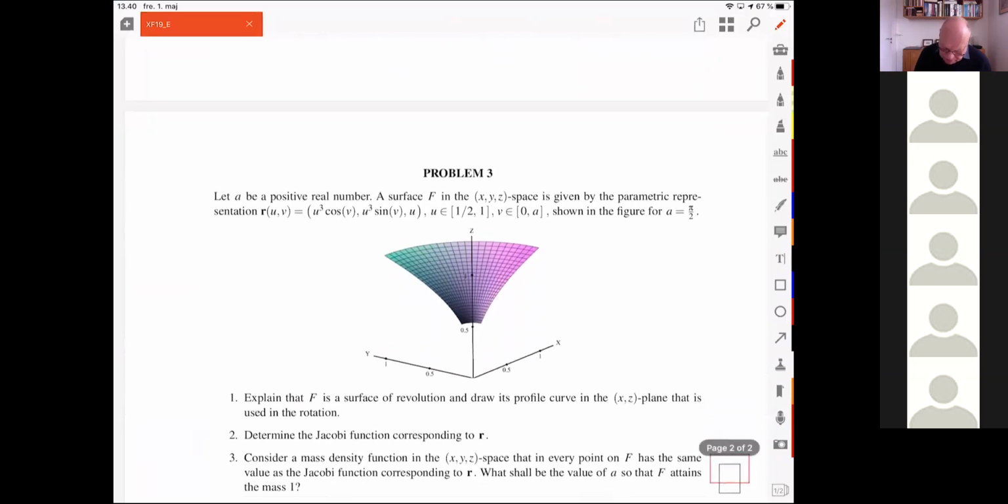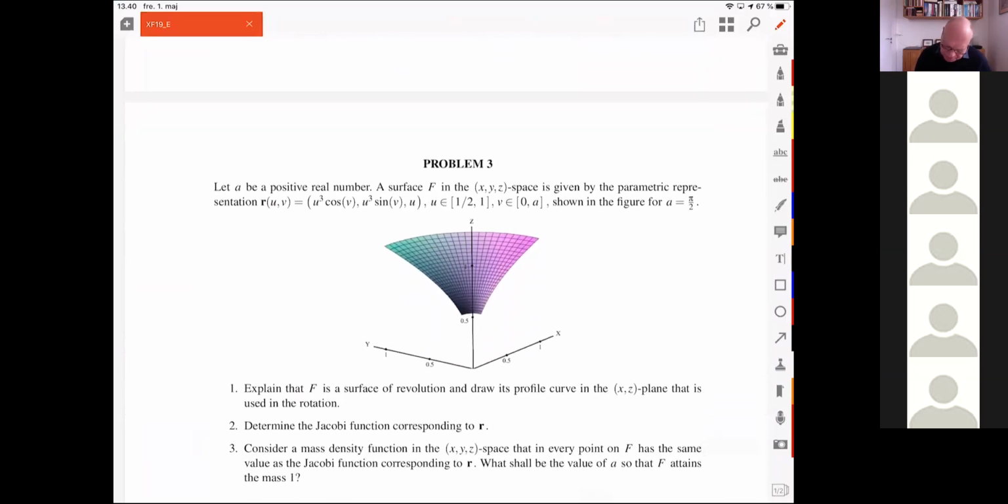Well, in the next problem, we are given a surface. And you can see that this is a plot of the surface, but there's also given a parametric representation of this surface.